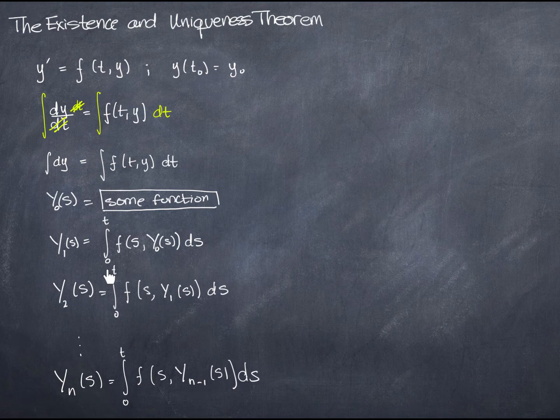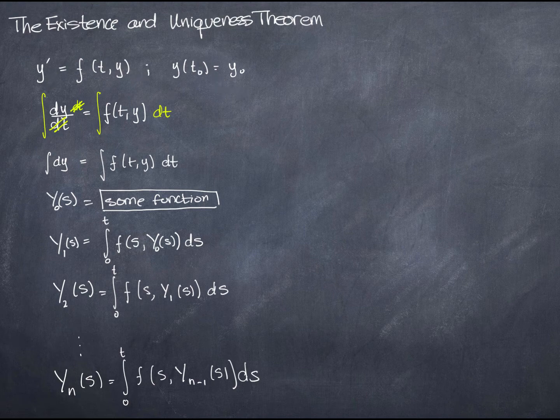You might be forgiven for wondering why I'm bothering with a definite integral in the first place. Well, remember that an indefinite integral is going to produce a function, which is what we're after, but a definite integral is going to produce a number. And what we know is something about the specific case, the specific point that the solution to this differential equation goes through, right?